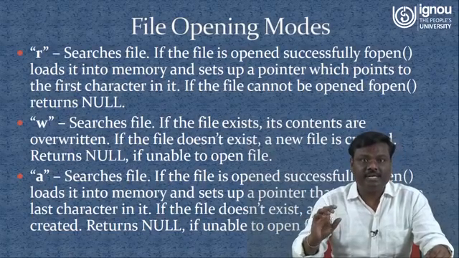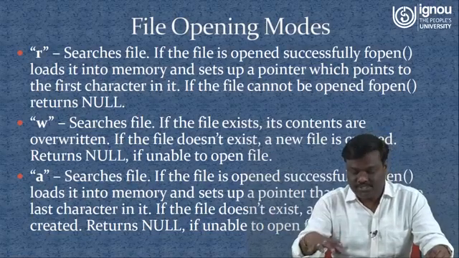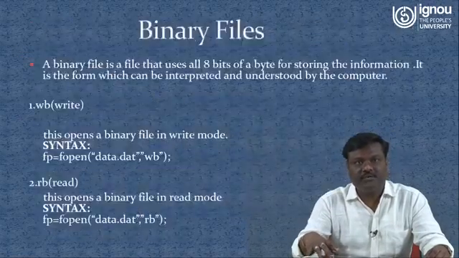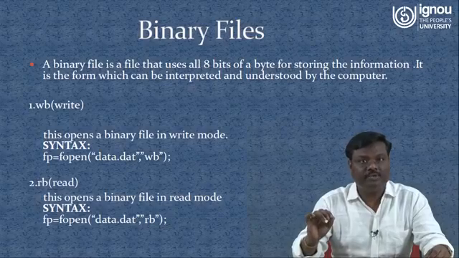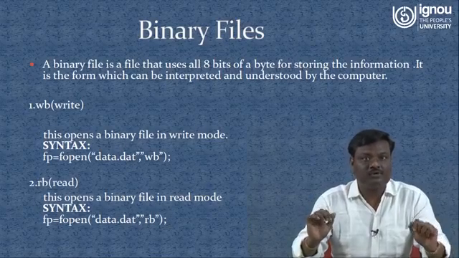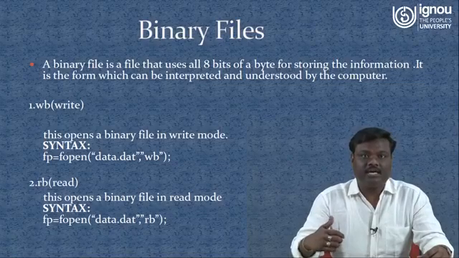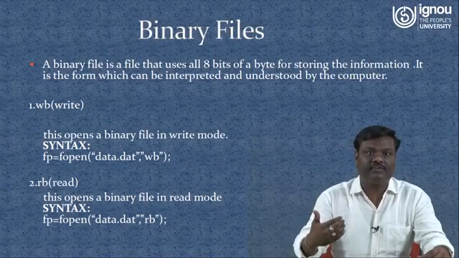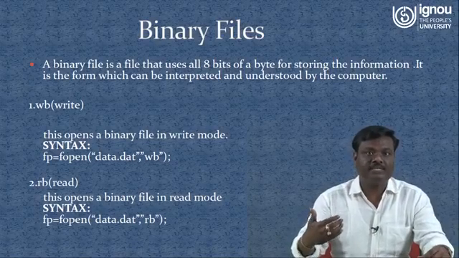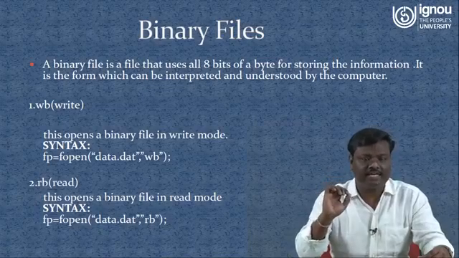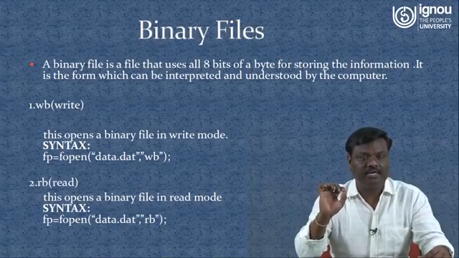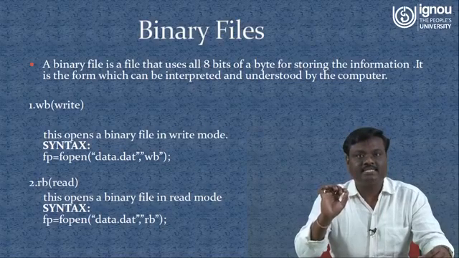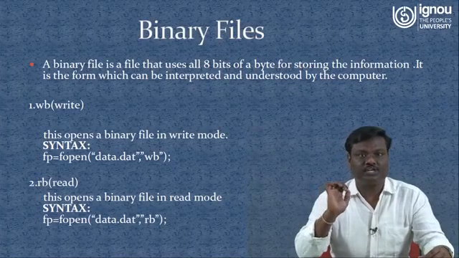But in case of a binary file, you have to specify WB within double quotes, whenever you want to read a binary file, write a binary file or append something to a binary file. You have to include one character, B, along with the mode in the second argument of the fopen function.